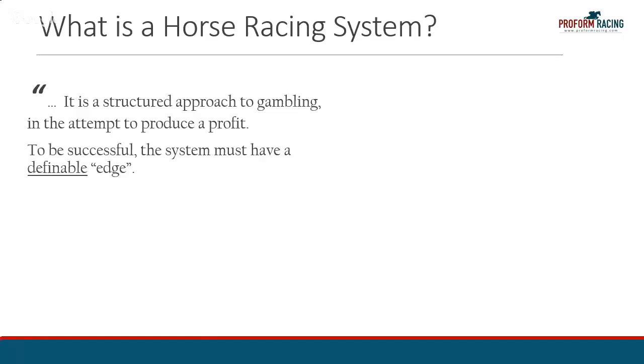Now, with any system or in any form of betting, you have to have a definable edge. You have to have something which indicates that you have an advantage. There's no point in betting if you don't have that advantage. And more importantly, specifically with a system, it has to be definable as well.